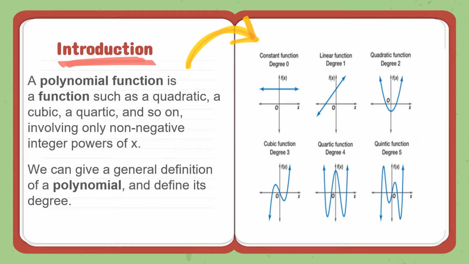A polynomial function is a function such as a quadratic, a cubic, a quartic, and so on, involving only non-negative integer powers of x. We can give a general definition of a polynomial and define its degree.